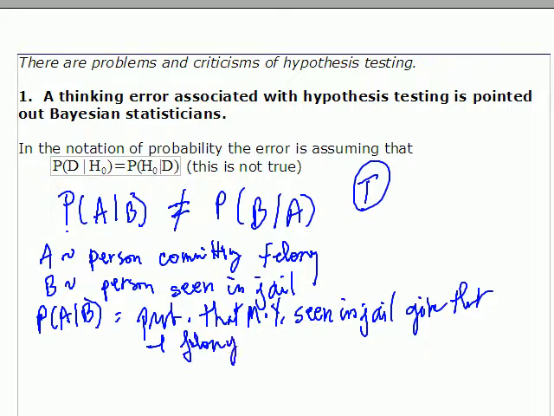Okay, what's the probability you're going to see me in jail, or that I will be in jail if I had already committed a felony? That's very high. That's a very high probability.